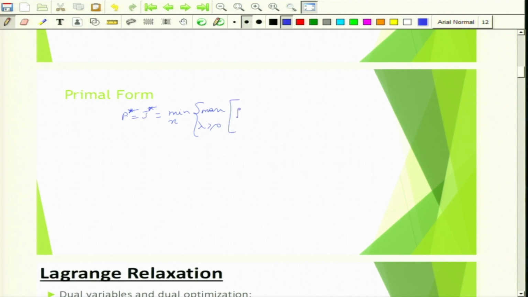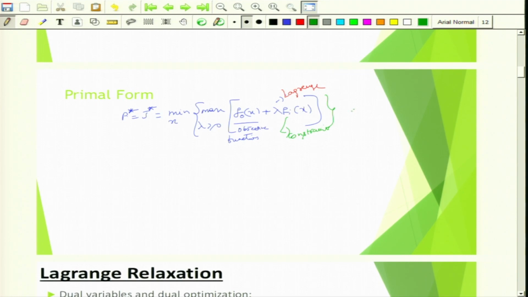Now this is your Lagrange function, f naught of x plus lambda into fi of x. This is your Lagrange multiplier. This is your cost function, the objective function.